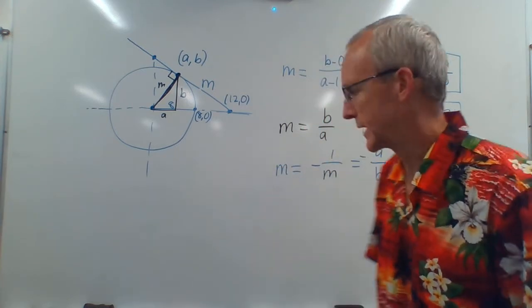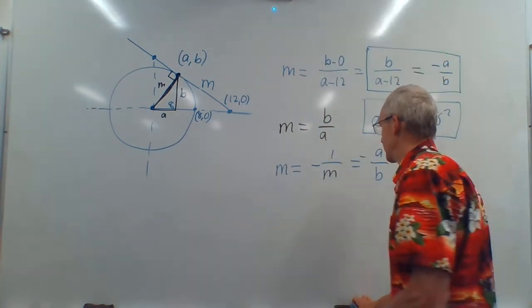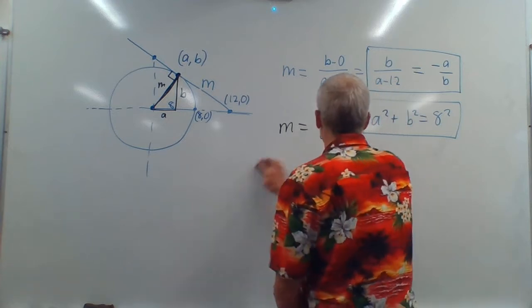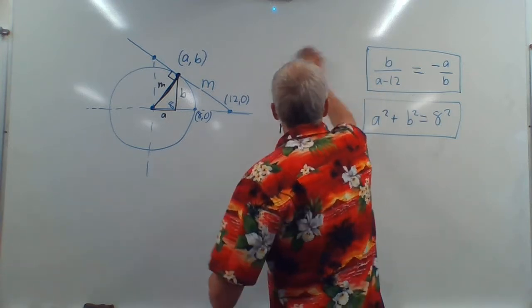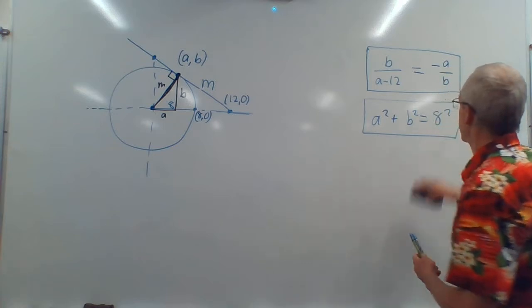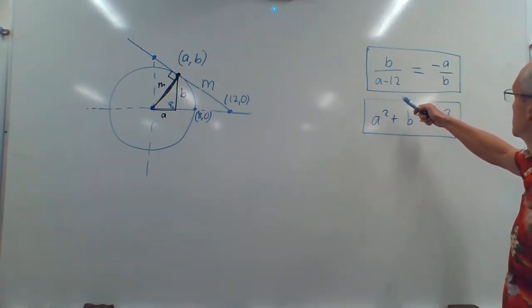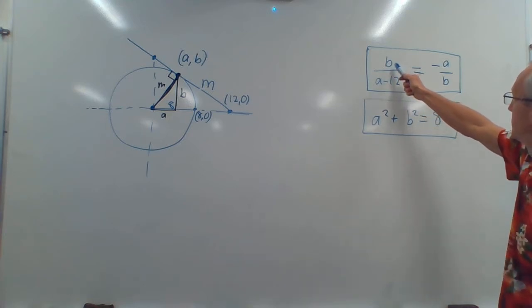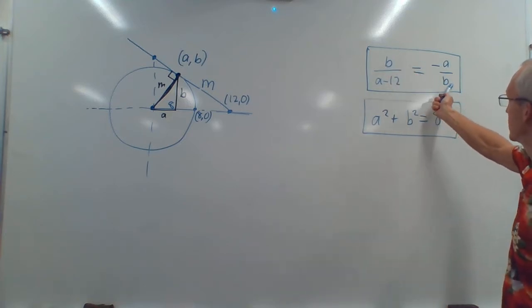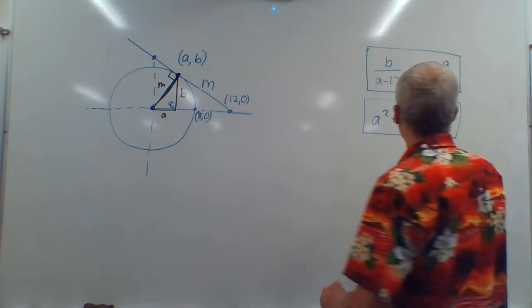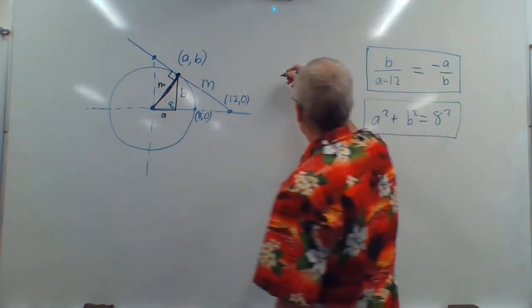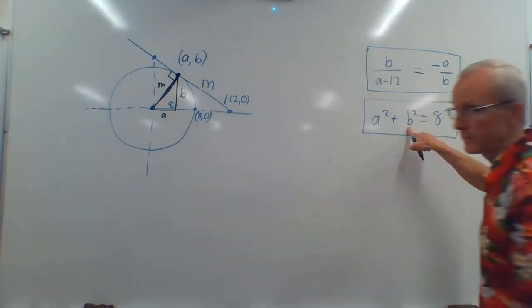Now, again, algebra time. So let's see. I was going to erase this stuff and start with the algebra. So clearly, I'm just going to write, this is 64. Okay, so I'm going to solve for B, I think, up here. So I'm going to cross multiply up here. So B times B is B squared, which is nice because we have a B squared, right?